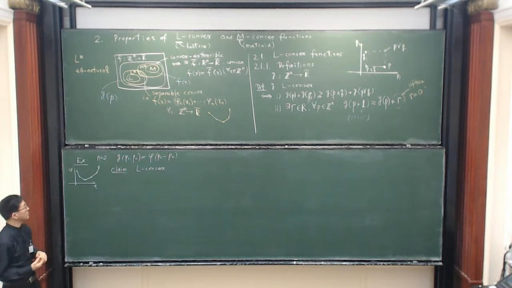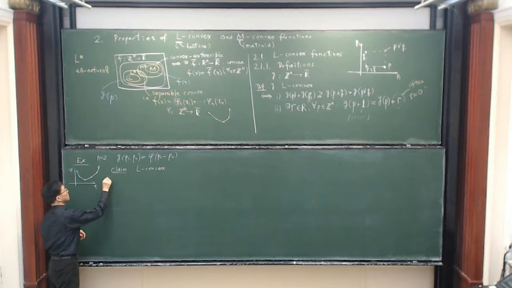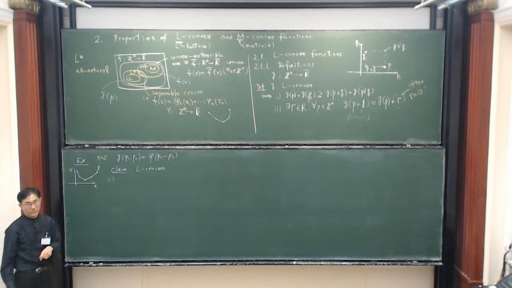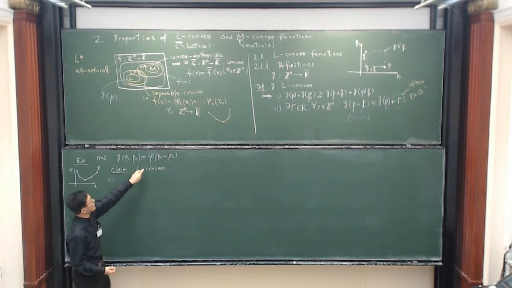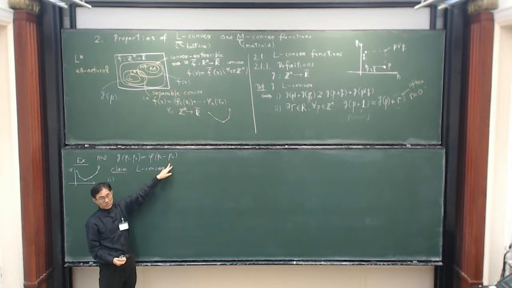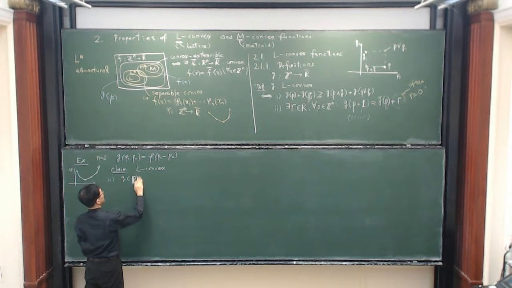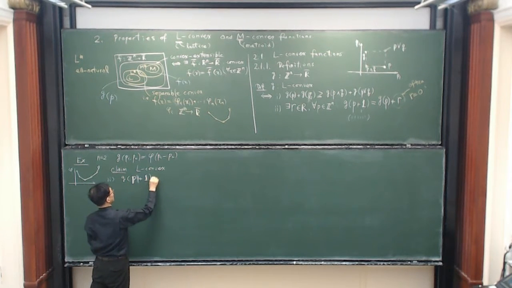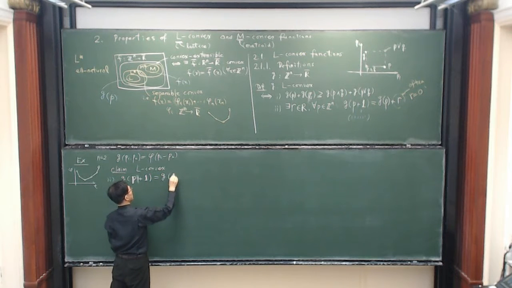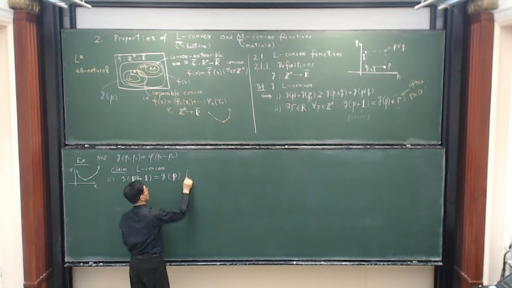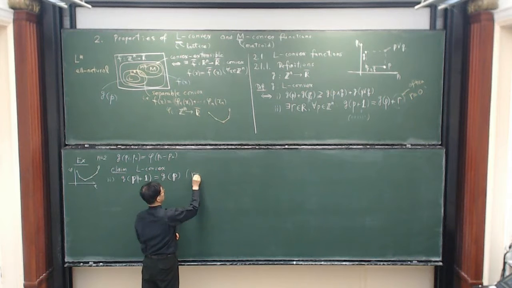Why is this the case? The second condition is easy to verify. If we increase P1 and P2 by 1, they cancel. So we have G of P plus 1 vector equals G of P. So we have R equals 0.